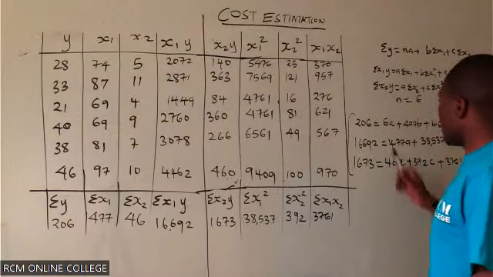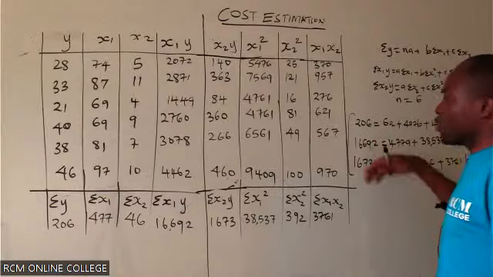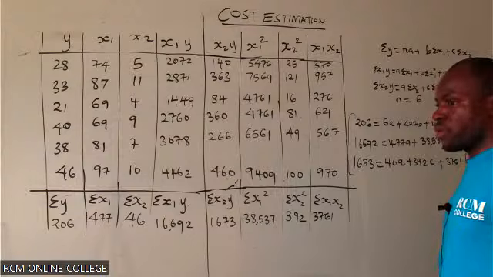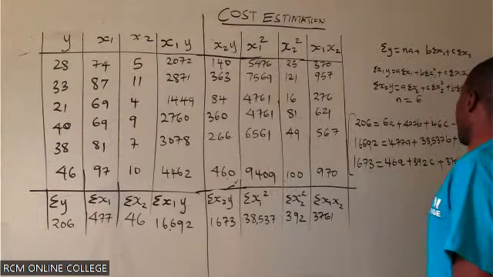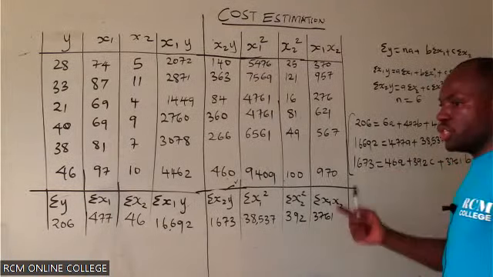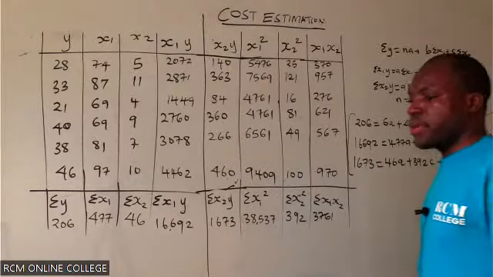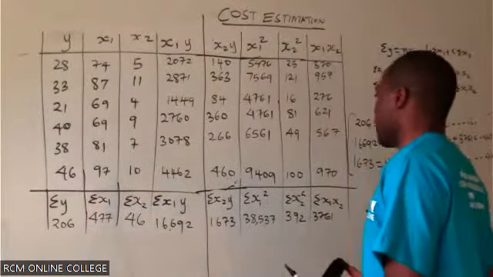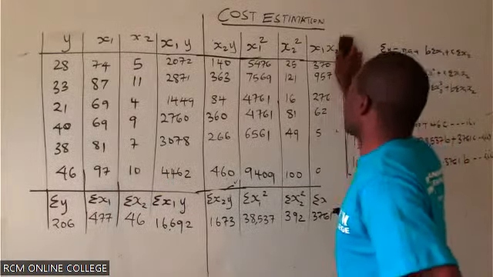Now, having gotten this, are you able to calculate it? It is this particular function here that you need to calculate using the matrix method. So I want us to see if we can work on something here.